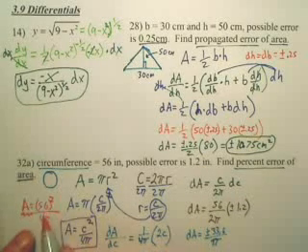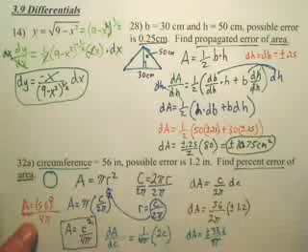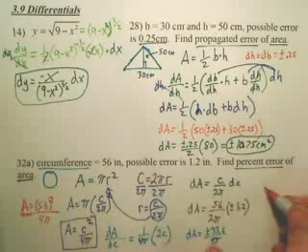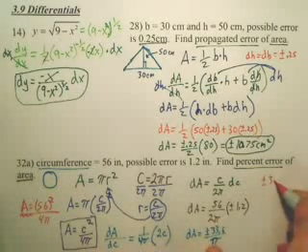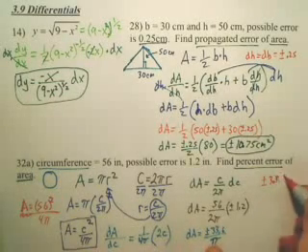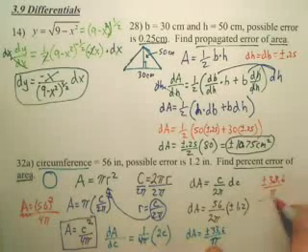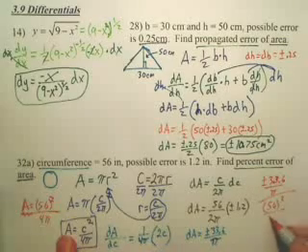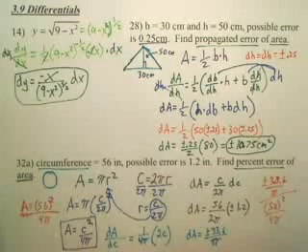Are you guys okay with that? Is that the area we should have? So wouldn't the percent error be this divided by the actual area it should be? You guys okay with that?